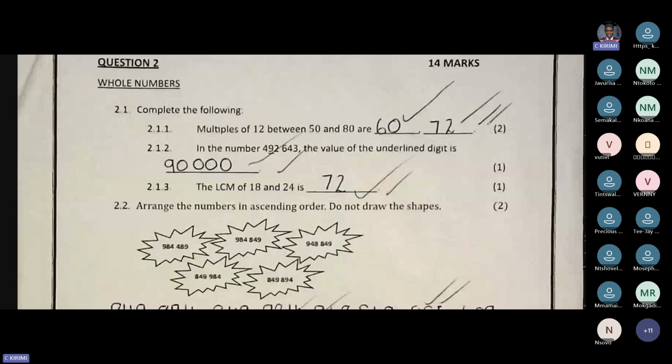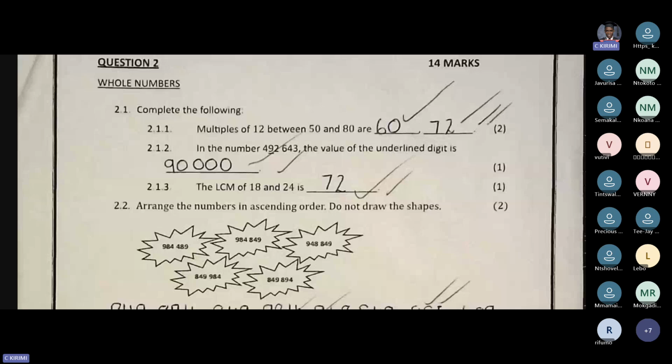For 2.11, the grade 7s, we said the multiples of 12 between 50 and 80. A multiple of 12 means if we divide that number by 12, it won't give us a remainder.